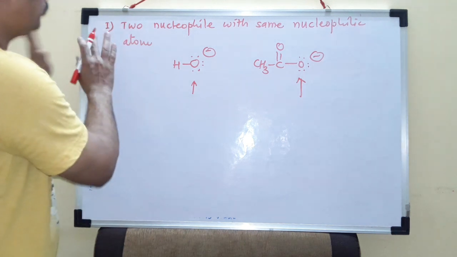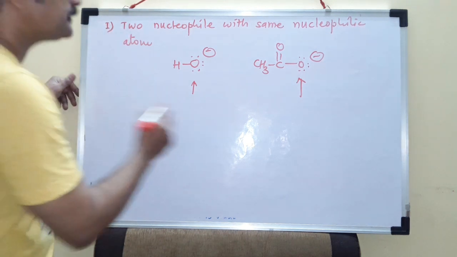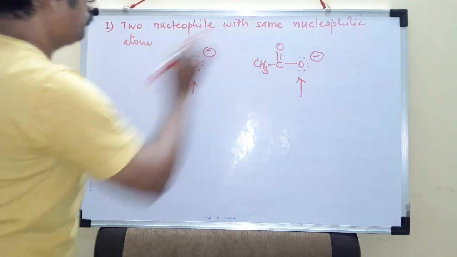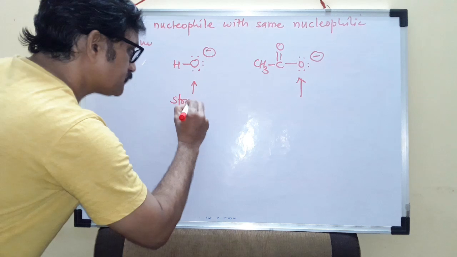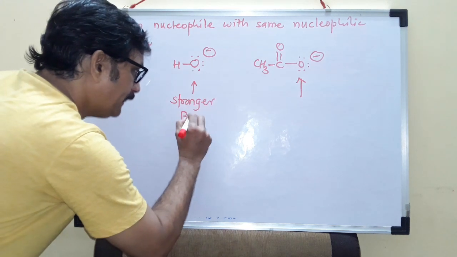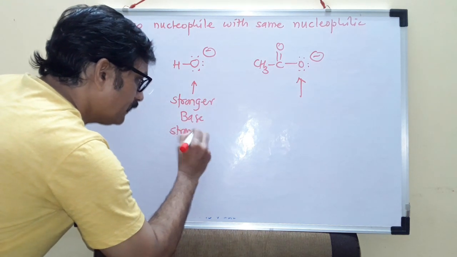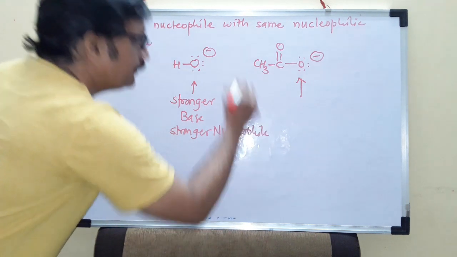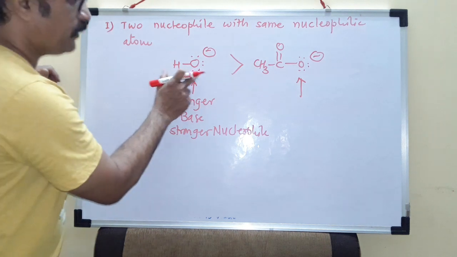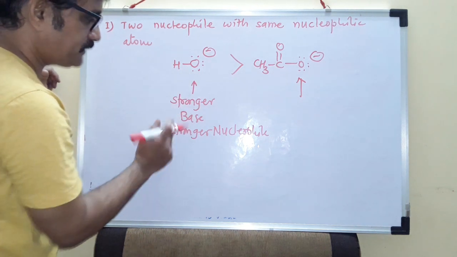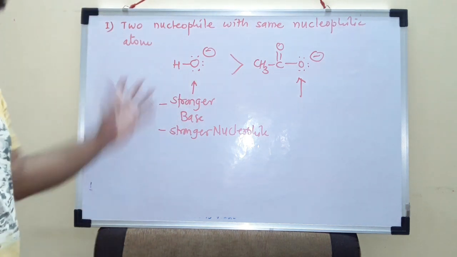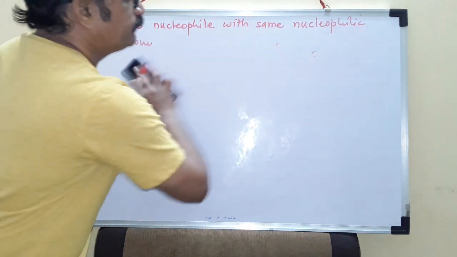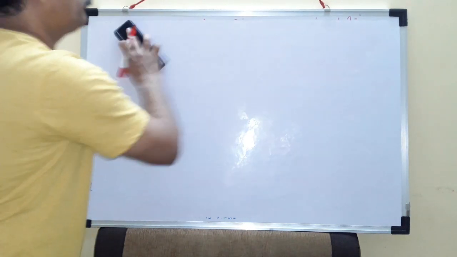We must remember this first factor: when there is the same nucleophilic atom, a stronger base is a stronger nucleophile. So in this case, the hydroxyl group is a stronger base, that's why it is a stronger nucleophile. You have to apply this information to decide the nucleophilicity of two different nucleophiles.